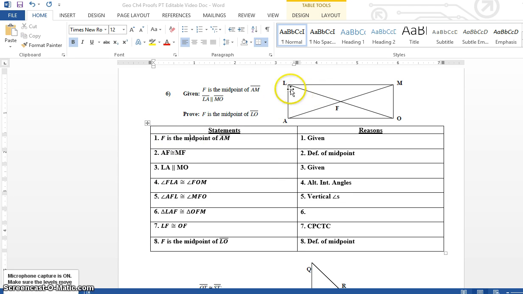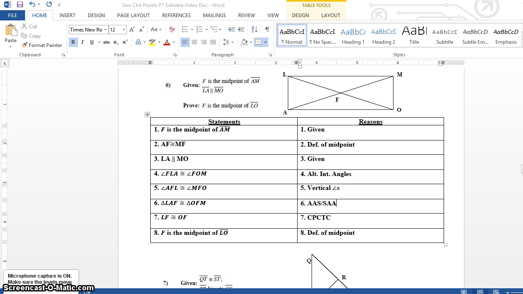So we have this angle congruent to this angle, congruent to this angle, and this side congruent to this side. This looks like angle, angle, side to me. If you write it as SAA, that's okay too. I would accept that. That's no problem at all. Alright, so there's number 6 done.